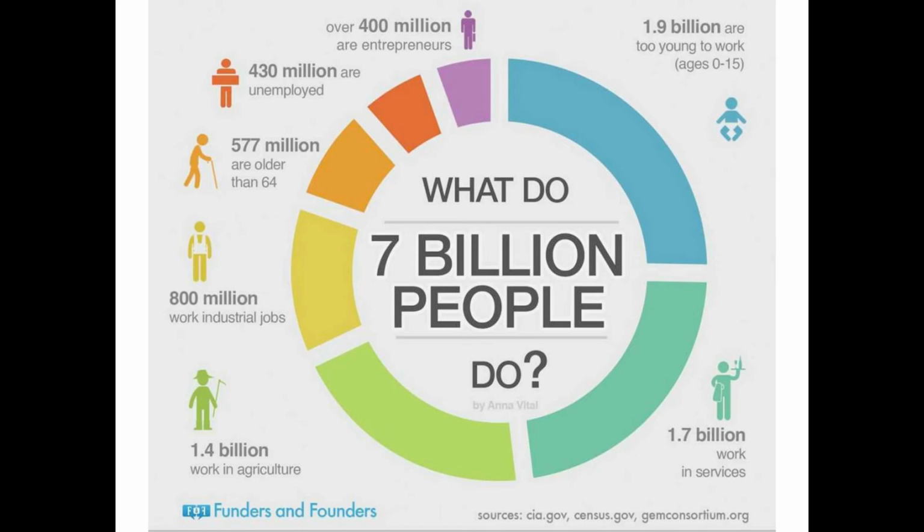This is much better than presenting your donut pie diagram. In the last class we discussed the donut pie diagram. Do you not feel this diagram is much better than that, able to communicate anything? This is prepared by Anna Vittal.